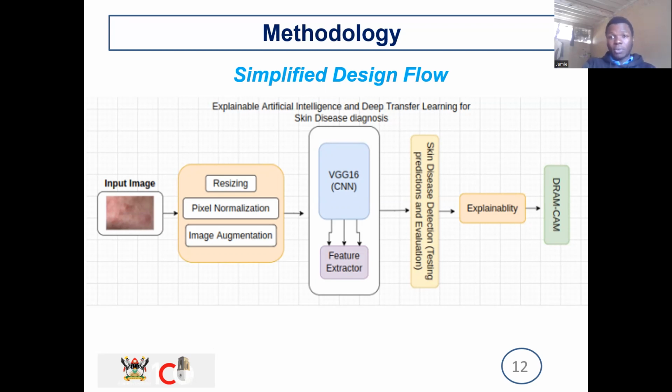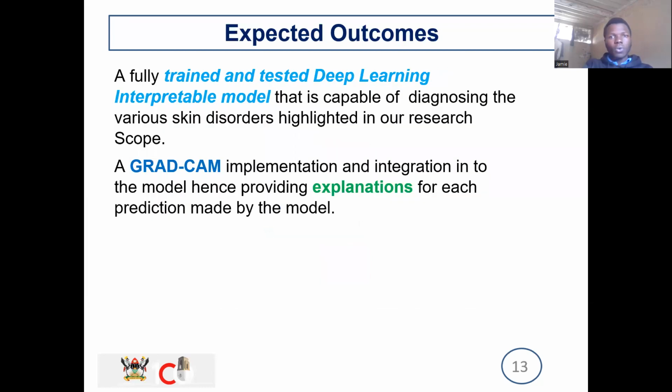Since most of these deep transfer learning models, or CNNs, are complex, that is practically the reason why we have black boxes. So we're trying to explain the black box using explainable AI, and we shall represent this using Grad-CAMs.